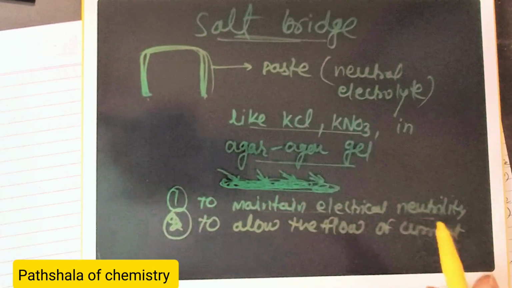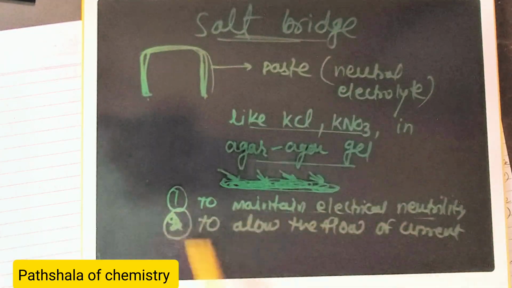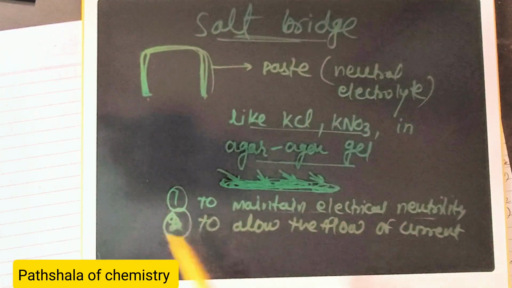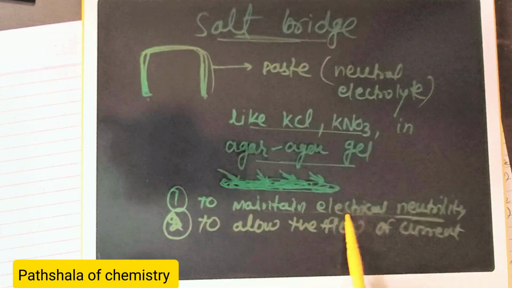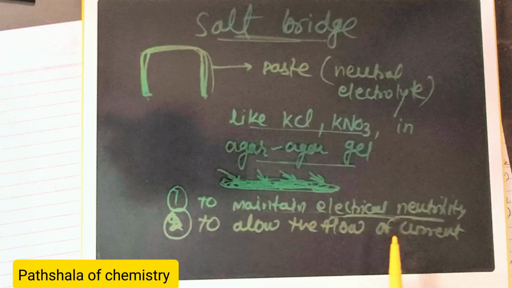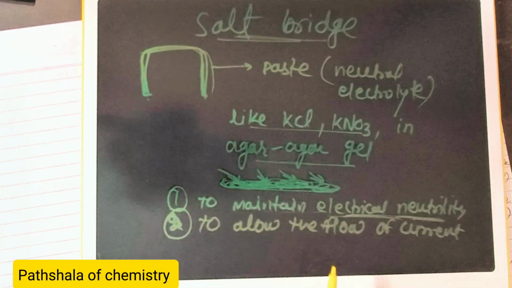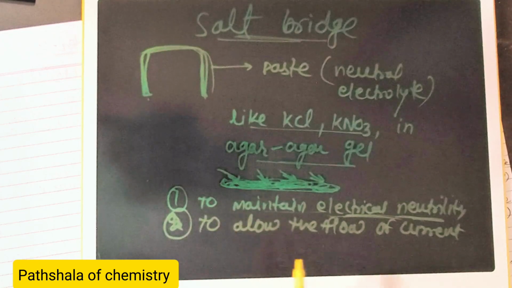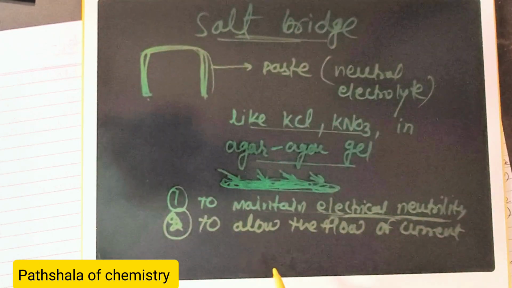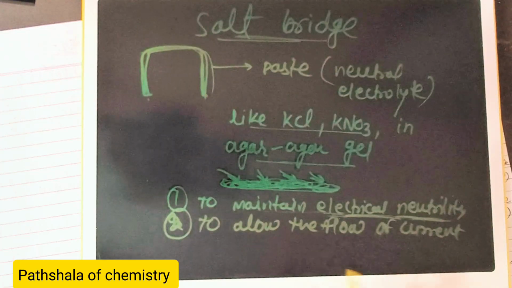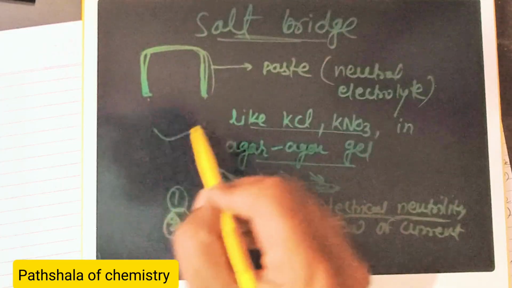During the losing and gaining of electrons, there is a charge difference between the electrode and the electrolyte filled in the electrode compartment. That's why an electrical imbalance is created. So to maintain electrical neutrality, the salt bridge is used. Suppose the salt bridge is not present, electrical neutrality will not be maintained inside the cell and the flow of electric current stops.